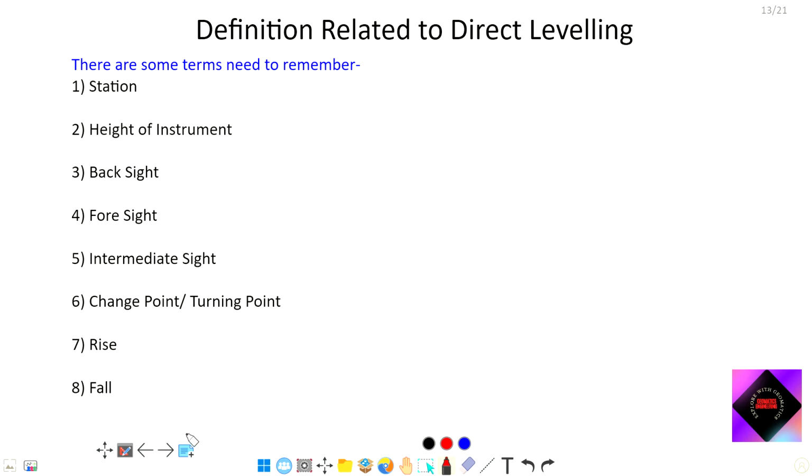some definitions related to direct leveling. What are stations? Stations are the places, the points where we have kept our staff and where we are calculating the RL. RL means reduced level. Why do we call it reduced level?